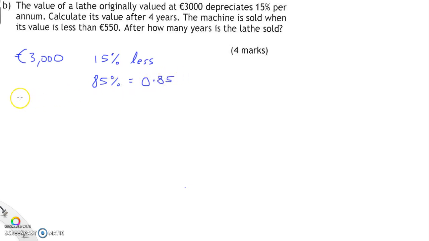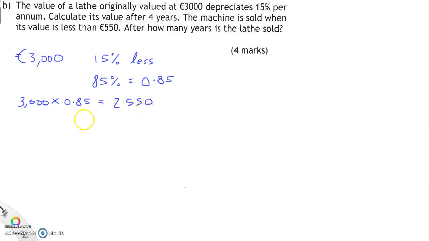So after 1 year, 3,000 multiplied by 0.85 will give us the value of the lathe after 1 year. 3,000 multiplied by 0.85 gives us 2,550. That's the end of year 1.